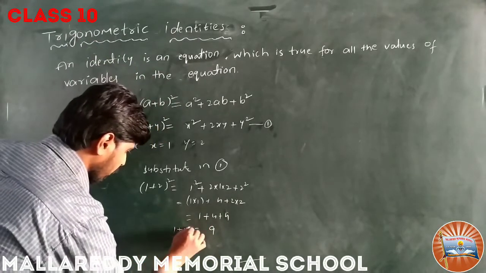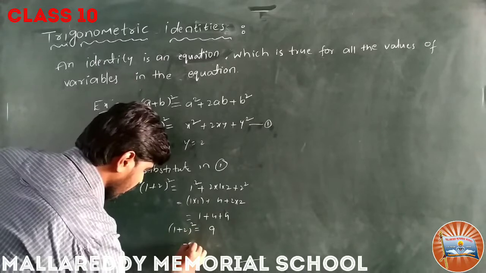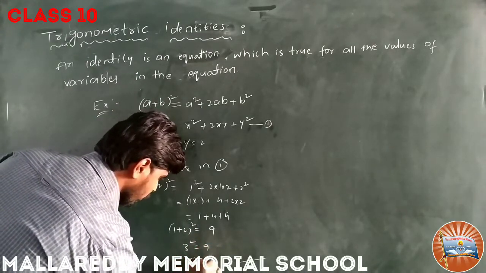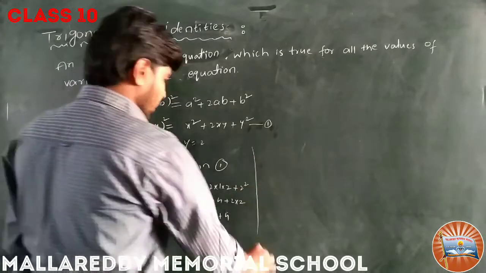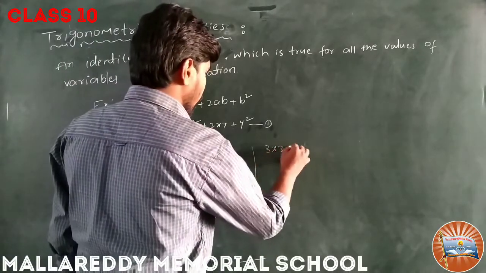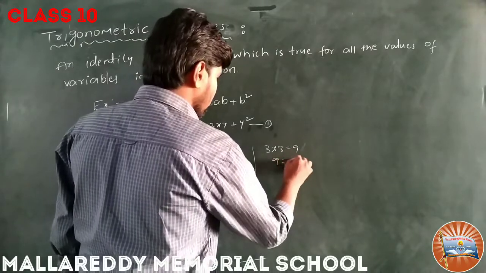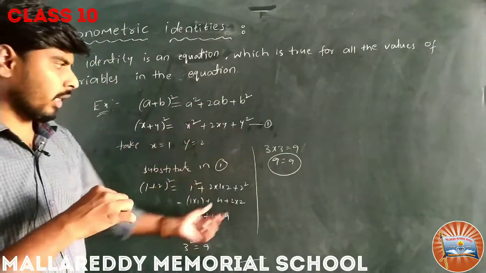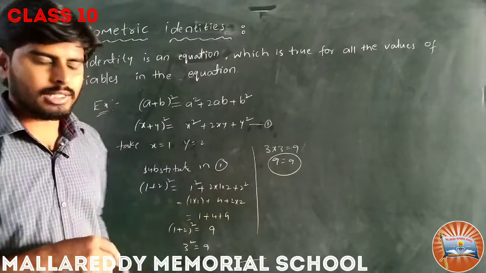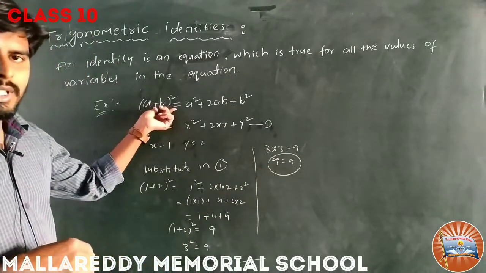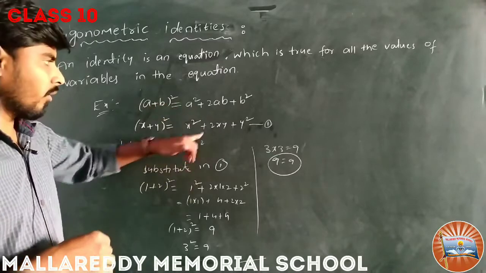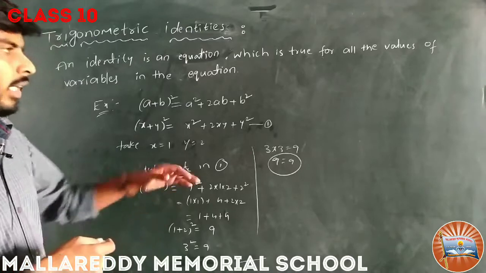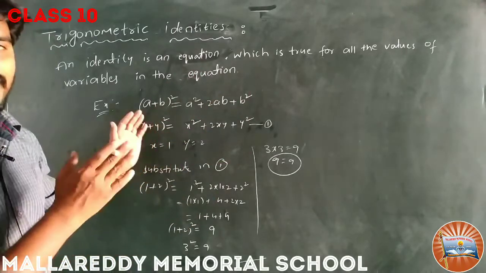The left side is (1 + 2) whole square, which is 3 square, which is 3 into 3 equals 9. So 9 equals 9. Here LHS and RHS are both equal. That means this equation is true for variables as well as numbers. We can prove it in other situations also. So this is called an identity.